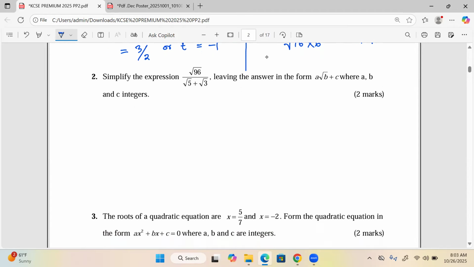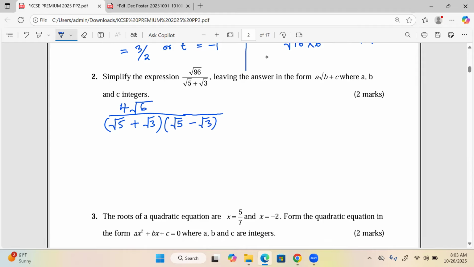So now we can write, we are rationalizing now 4 root 6 over the root of 5 plus the root of 3. How do we rationalize the denominator? By ensuring that we multiply both the numerator and also the denominator by the conjugate of the denominator.